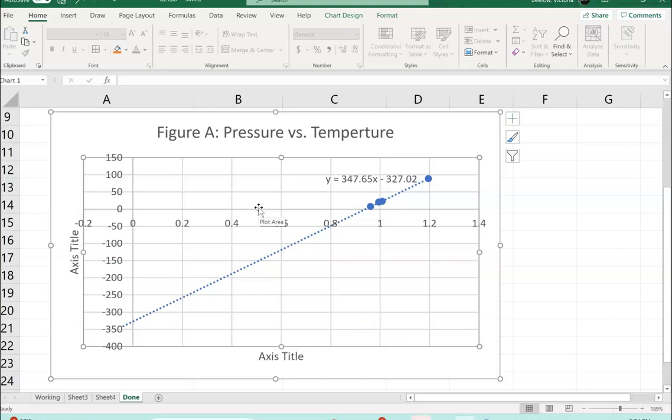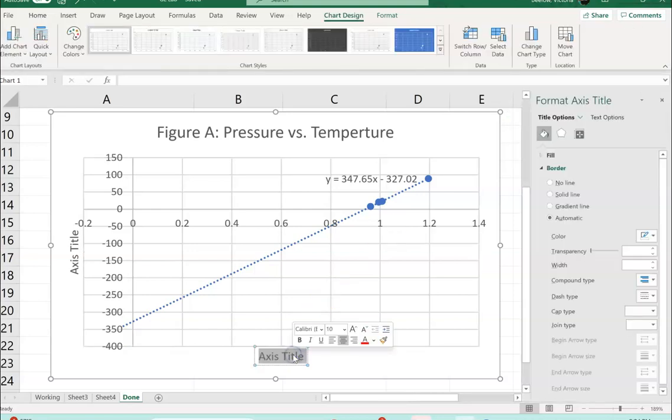Okay, guys with me? X and Y? Do you guys see how my X axis, it's really small numbers? Do you guys think that's the pressure or temperature if they're really small? Pressure. Okay, so that means this one should be labeled pressure, right? And then what should the other one be labeled? And units, of course.